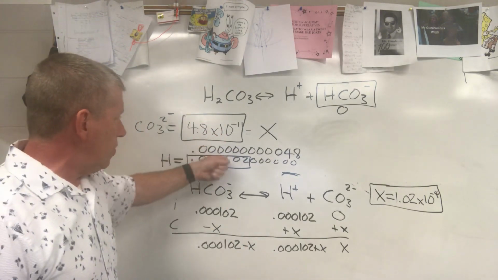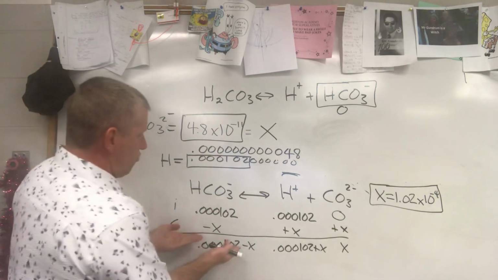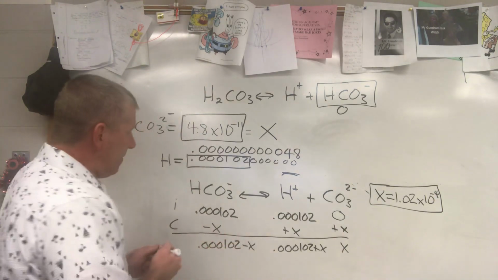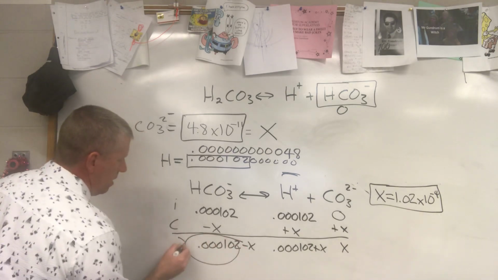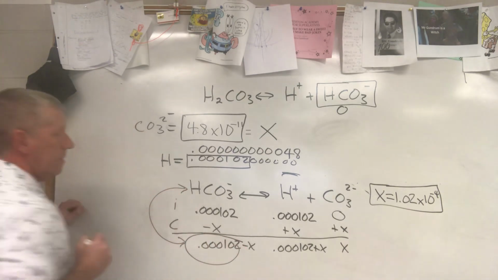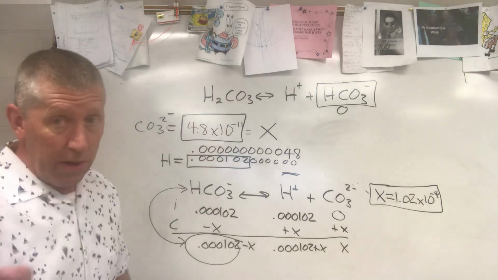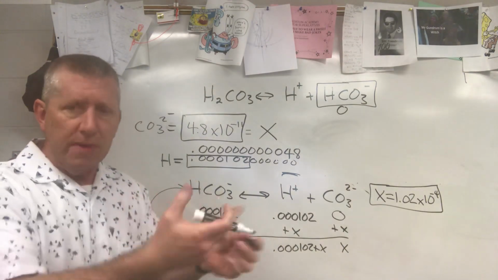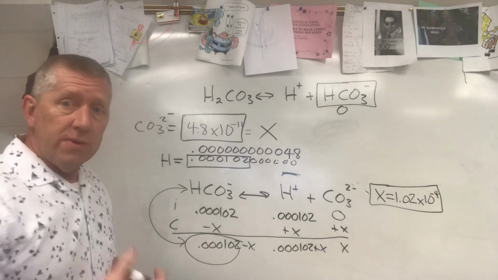Again, trying to show you how small and insignificant it is, it doesn't change anything. If I want to subtract this from this, I can do it, but it's not going to change it. So this is the amount of bicarbonate that I have at equilibrium. If you want to subtract the X and put that in there, go ahead and feel good about yourself, but it's not going to change anything. It's so far beyond the significance, it doesn't matter.